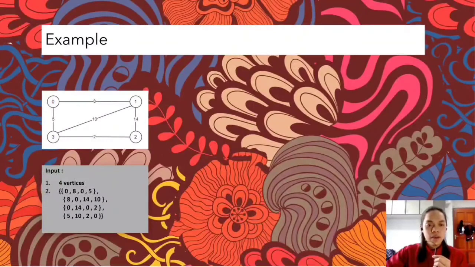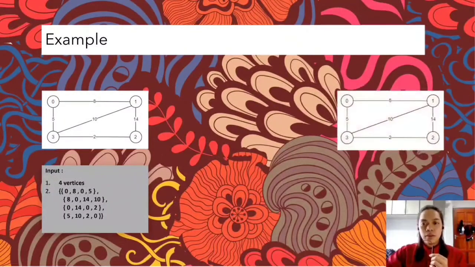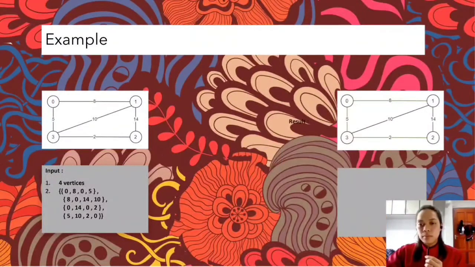The weights are 0, x, 0, 5, x, 0, 14, 10, 0, 14, 0, 2, 5, 0, 2, 0. So this is the result of our MST. You see the green line. The green line is the spanning tree using Prim's algorithm in the graph. So this is the output or result: 0 to 1 is 8, 3 to 2 is 2, and 0 to 3 is 5.